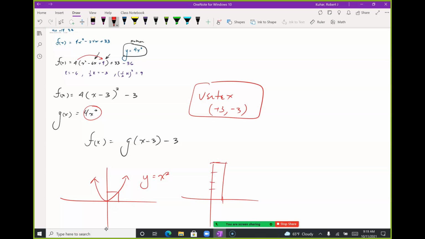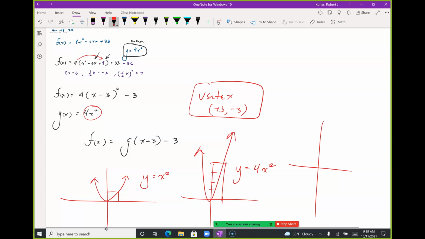It stretches out that box. So there's y equals 4x squared. And then I'm going to take that new box and shift it 3 to the right, 1, 2, 3, and 3 down, 1, 2, 3. And now there all of a sudden is my new curve. There's my f of x equals 4 times x minus 3, quantity squared, minus 3.